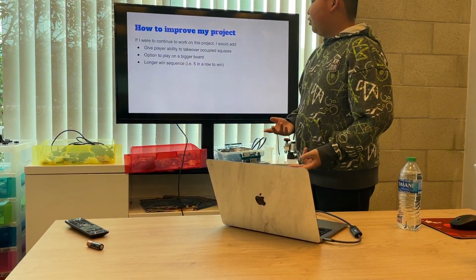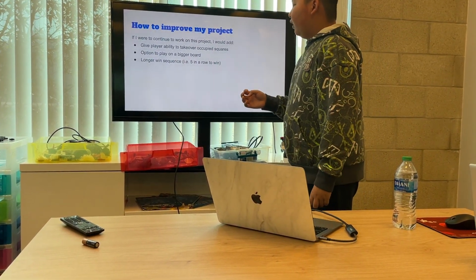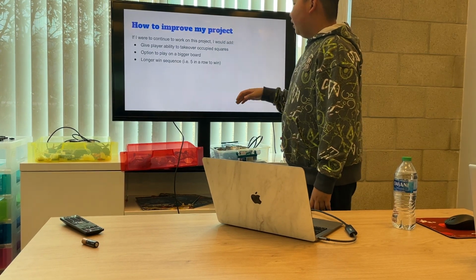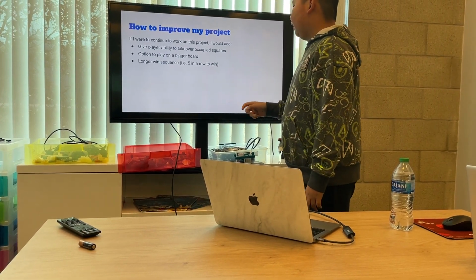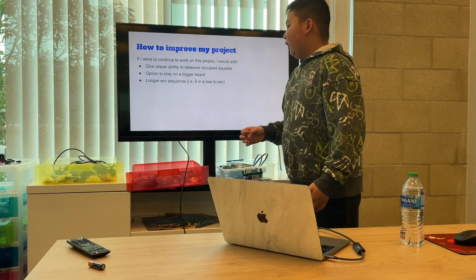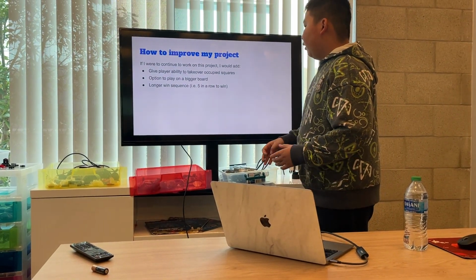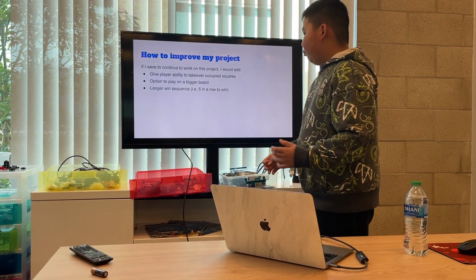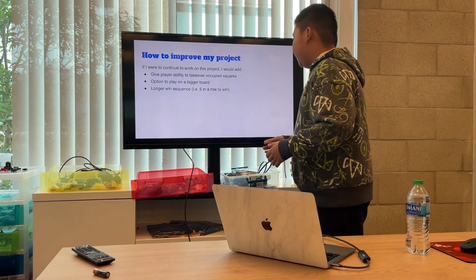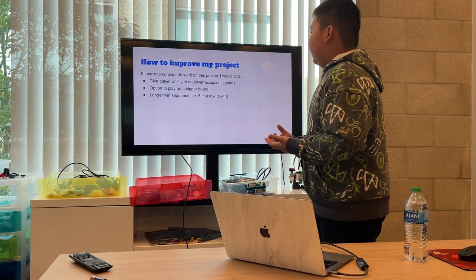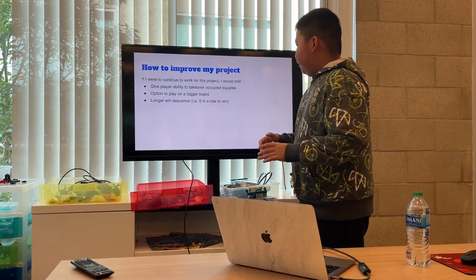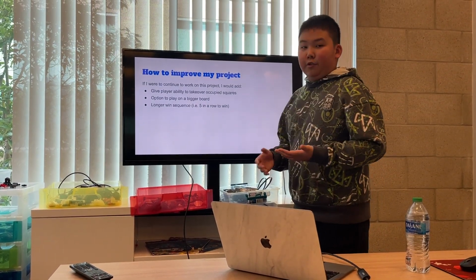And the number two is to play on a big board. And the number three is a longer win sequence. I think it is going to be 5 to win.